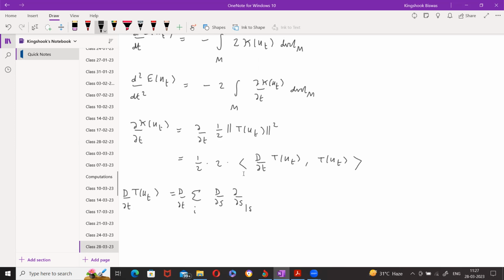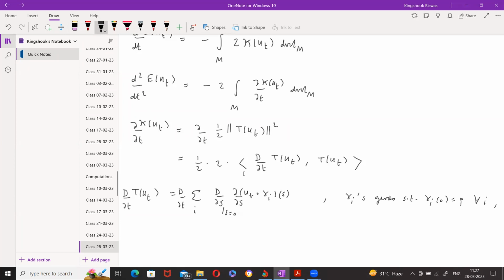So both of these are at s equal to 0. This one is del del s equal to 0. This one is without. So del del s of u_t of gamma_i of s, where gamma_i are geodesics such that gamma_i(0) is p for all i.